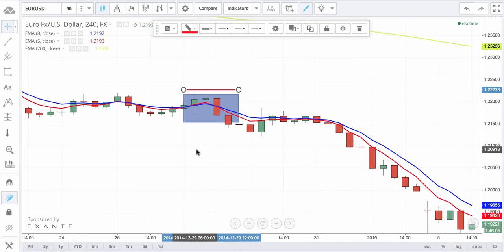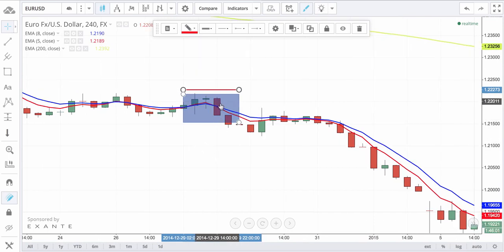And my entry is immediately after we have a crossover which is complete, and we have a candle on the 4 hour time frame which closes, and the fast moving average closes below the slow moving average.